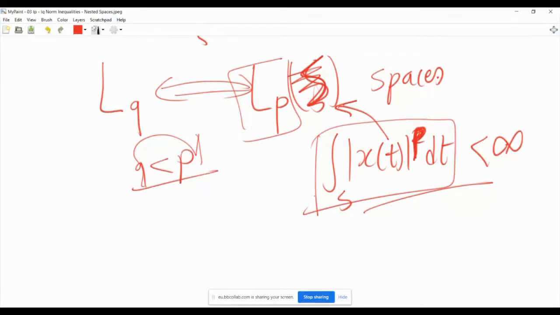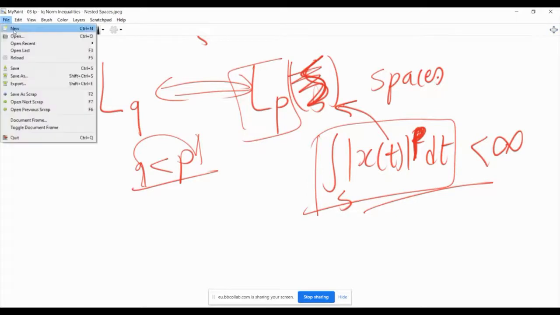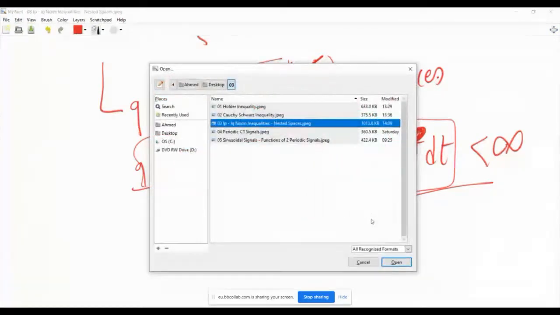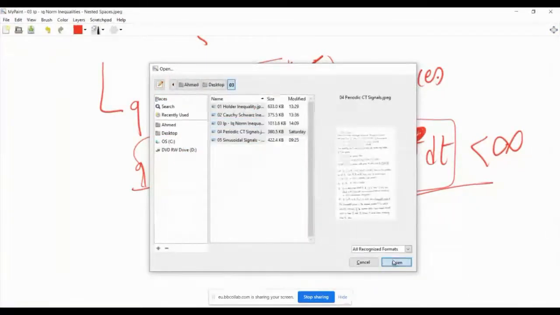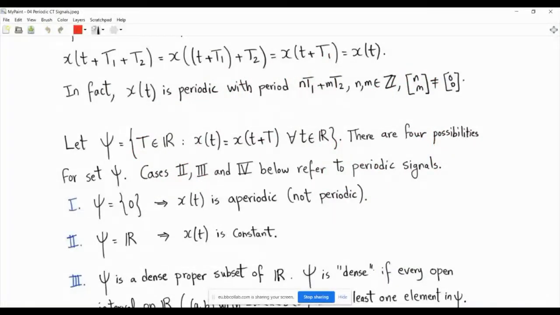You will find that things are a bit more complicated than for the case of vectors and sequences. Okay, of course we are not done with the mathematical review. There are several other things, but we will discuss them as we encounter them during this course.